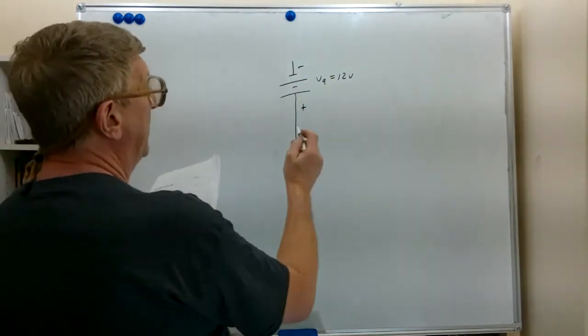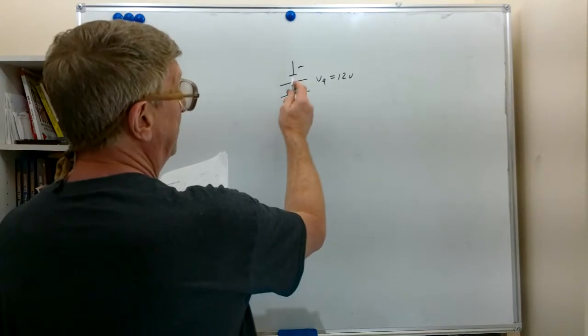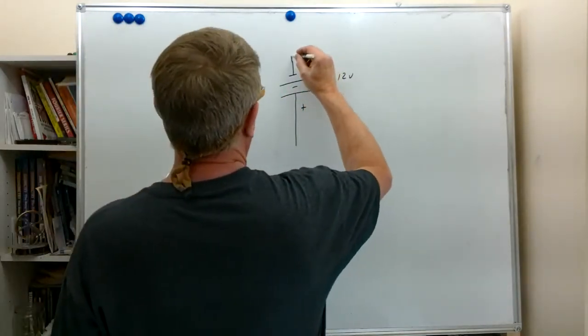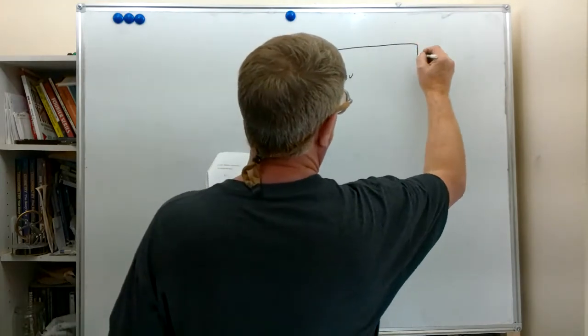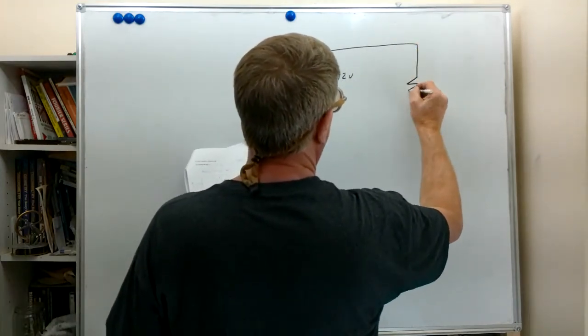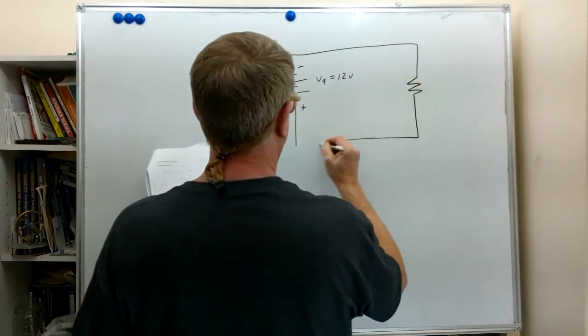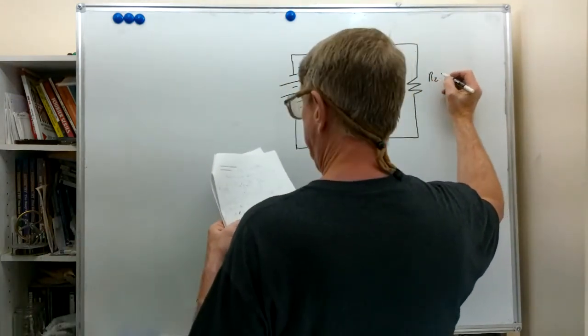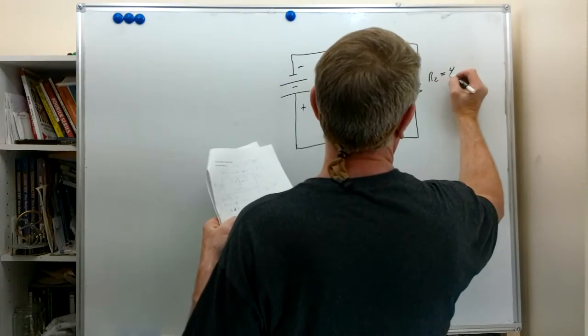You've probably noticed already that the negative terminal of the battery symbol is shorter than the positive terminal. And we got a resistor out here. We'll call this R2, resistor number 2, and it's a 4 ohm resistor.